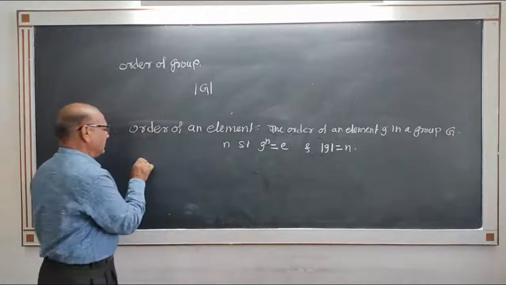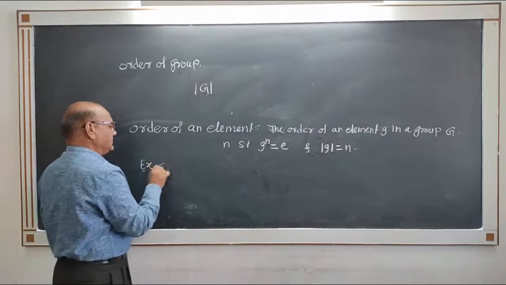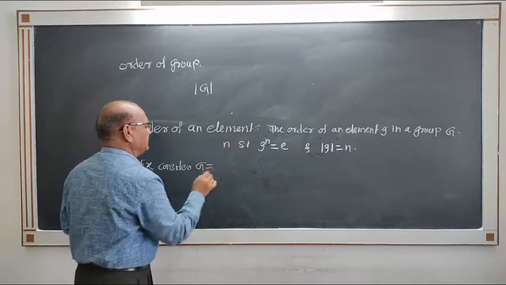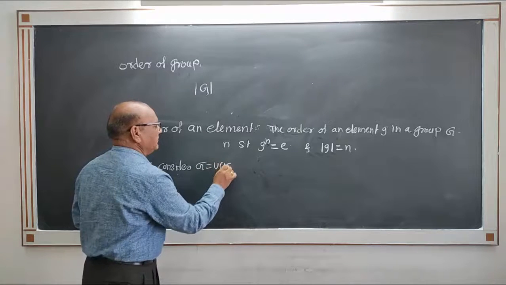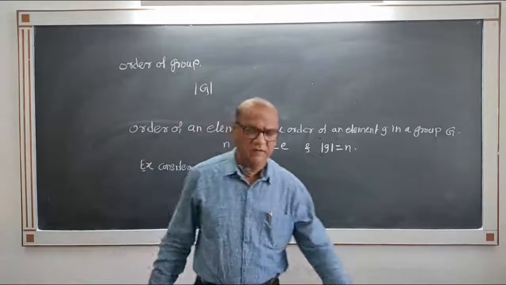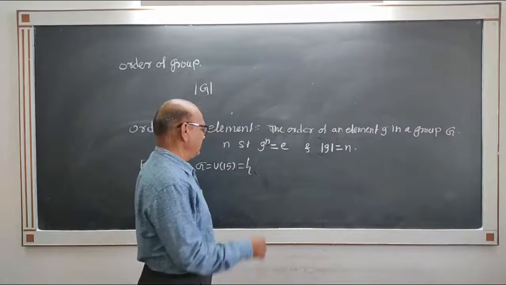For example, here consider G is equal to U15. U15 is a group.